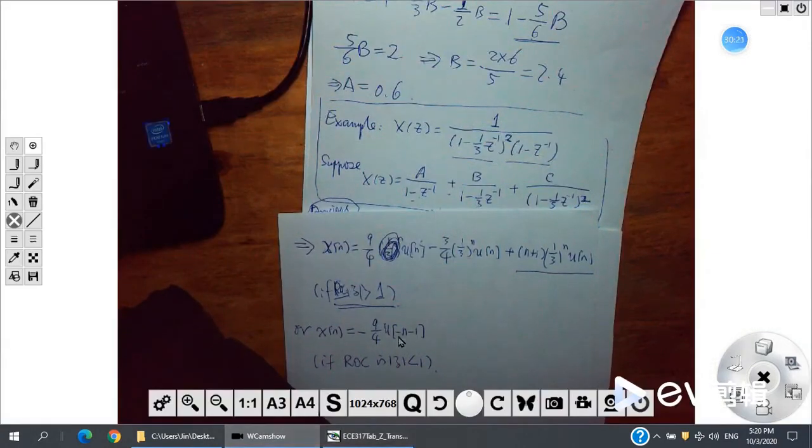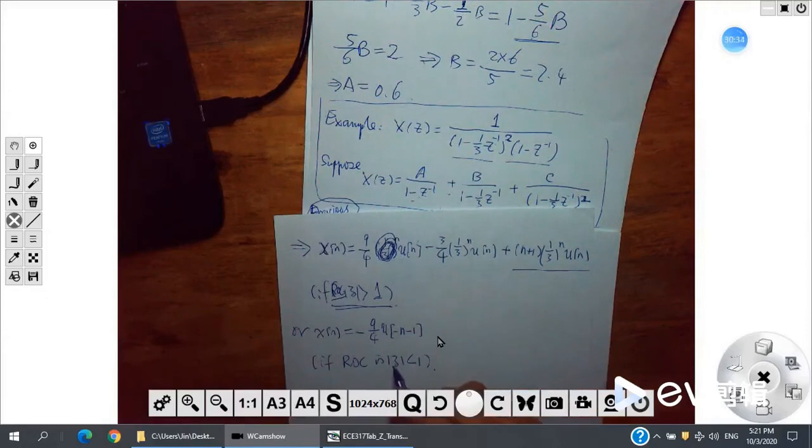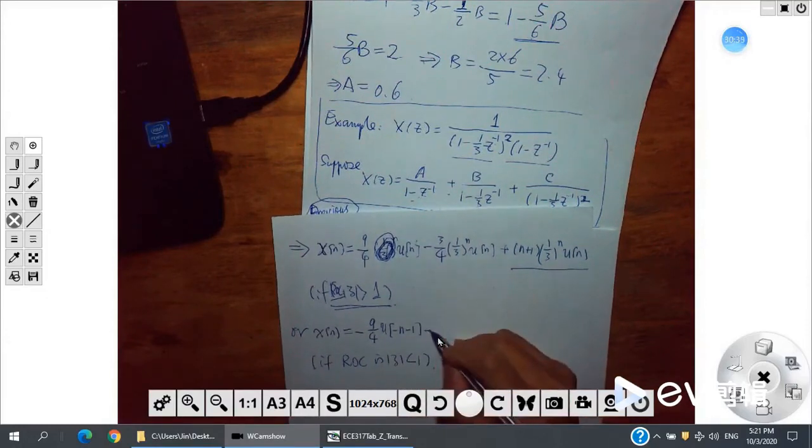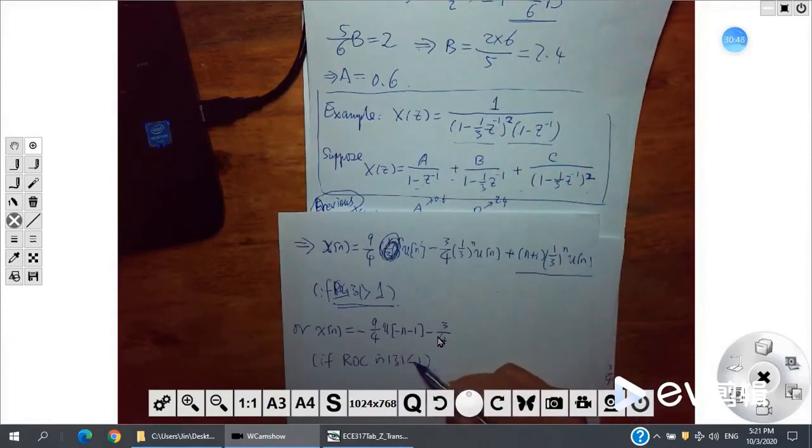I copy it here. This 1 over 1 minus z to negative 1 in the time domain is negative u of negative n minus 1. And the second term is B. B is negative 3/4, and the denominator is 1/3. And here you see z is smaller than 1/3.